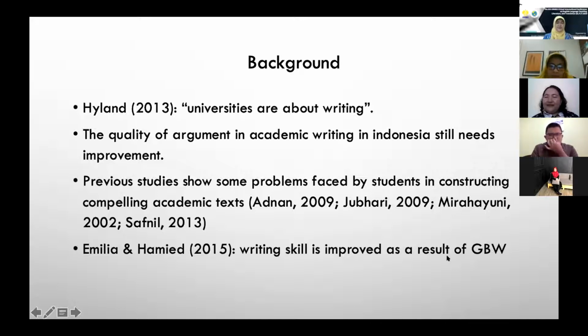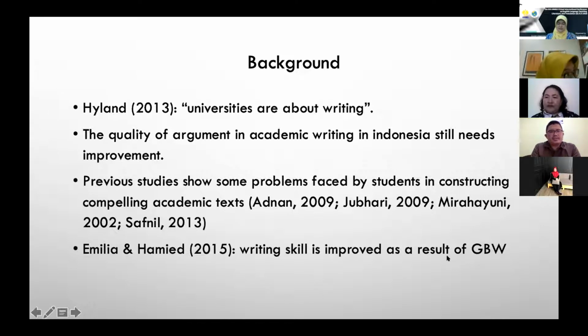Also, there's a problem, especially in writing in general in Indonesia, that it was so problematic until about 2000 something, when we implemented what is called genre based education.